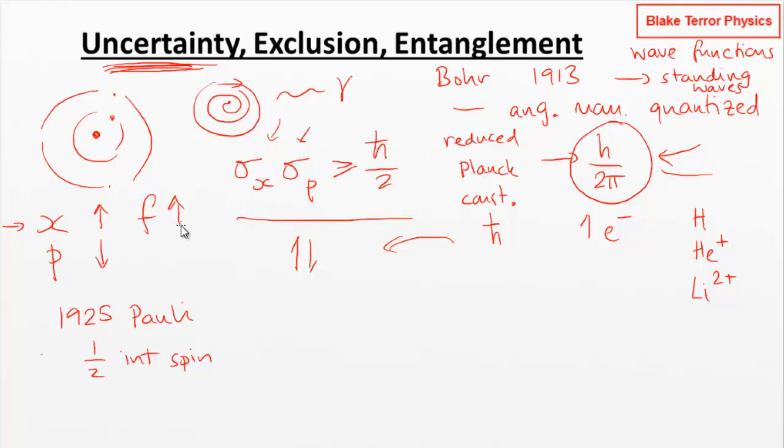So that's giving structure and robustness to the matter. You need all of those forces, but you also need the exclusion principle to stop all of these particles just occupying the same space. So that is what is so important about the exclusion principle.